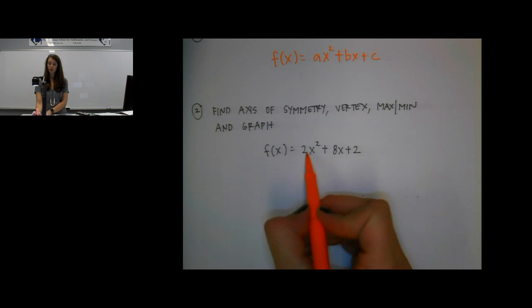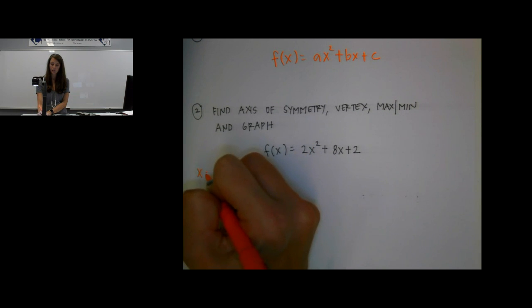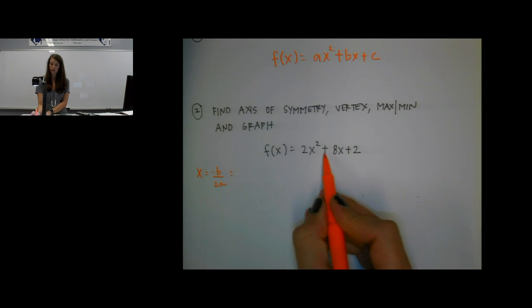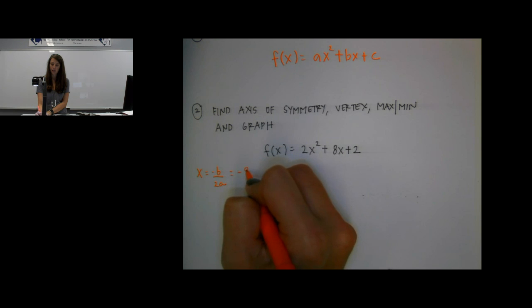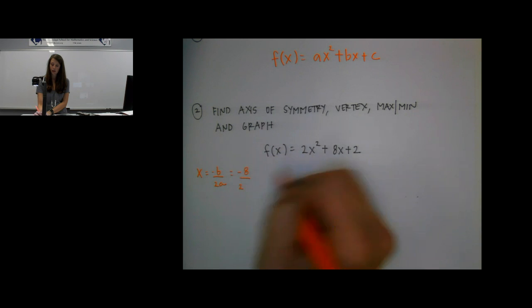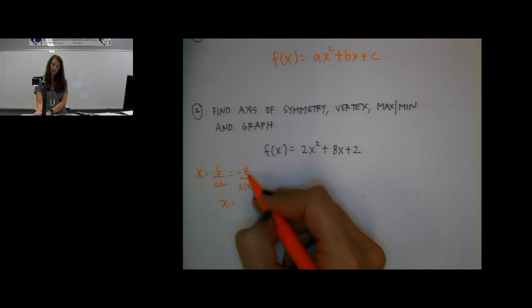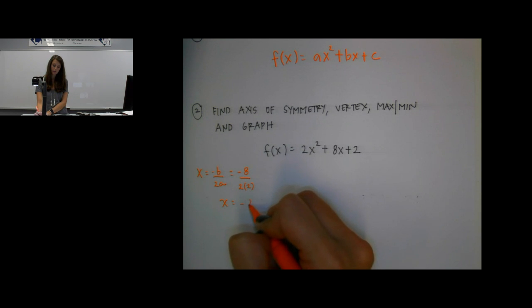The axis of symmetry, remember, is negative b over 2a. So negative b, it's going to be a negative 8 all over 2 times your 2. So the axis of symmetry is going to be at negative 2.